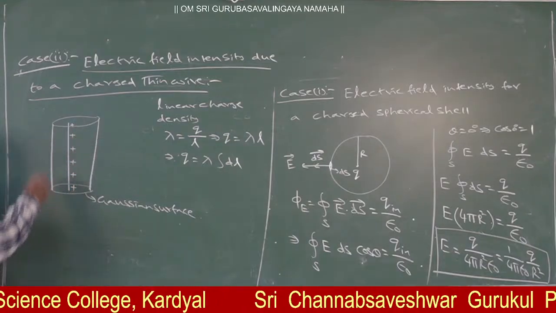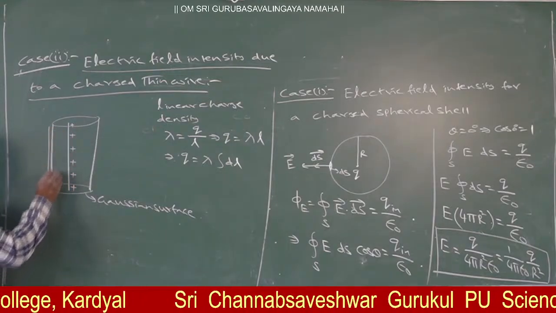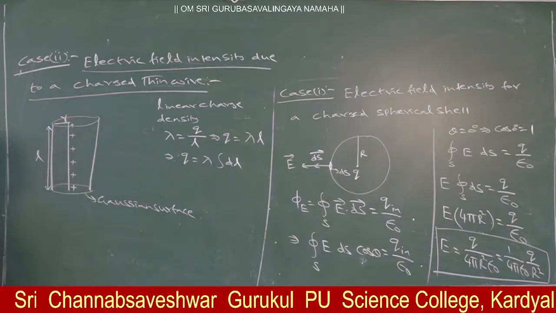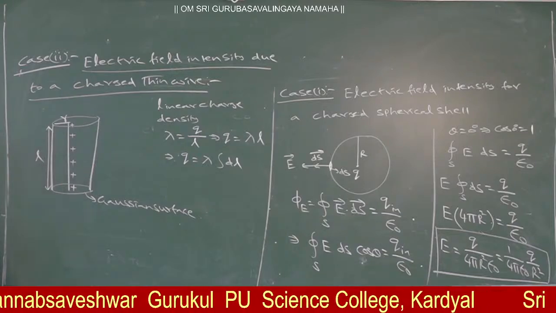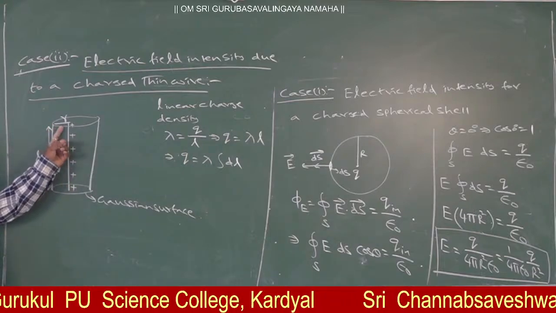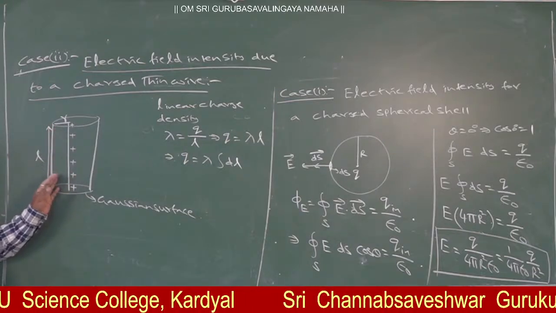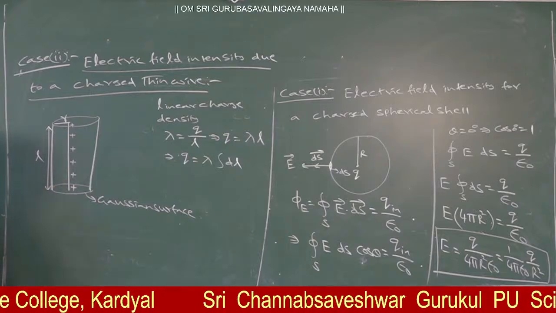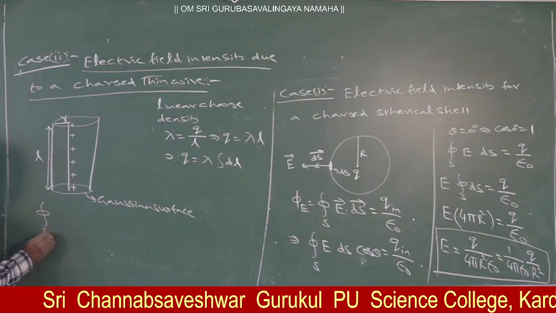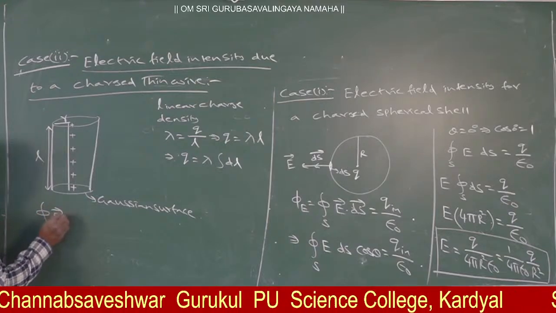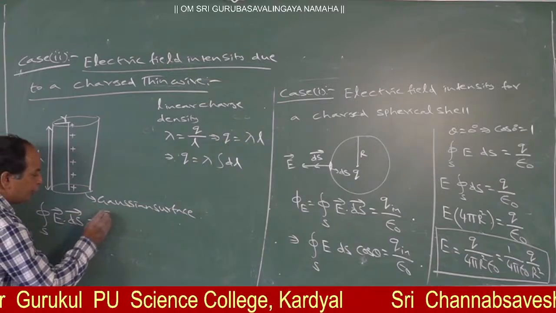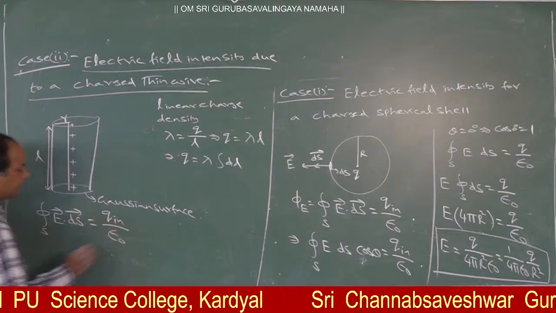What is the Gaussian surface here? A cylinder. I consider the length of this Gaussian surface as L and the radius as R. Now we are able to apply Gauss law. The surface integral of E bar dot ds bar is equal to Q in divided by epsilon.